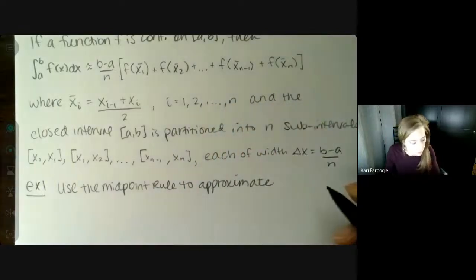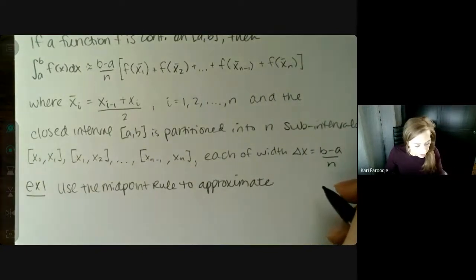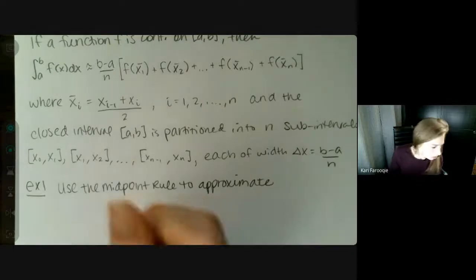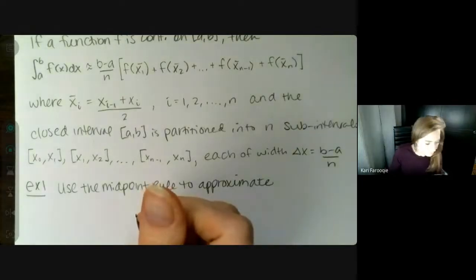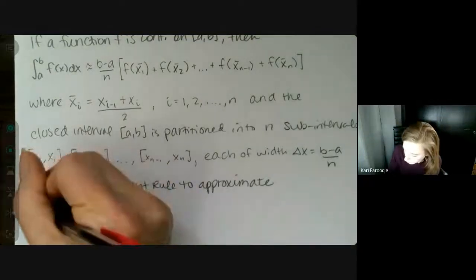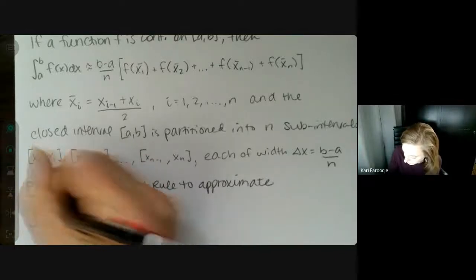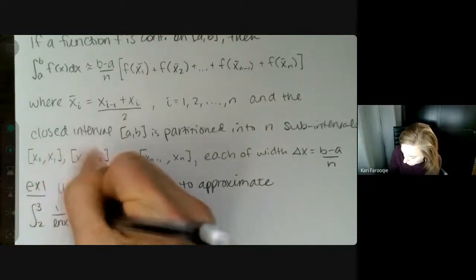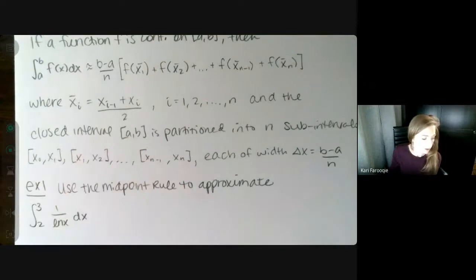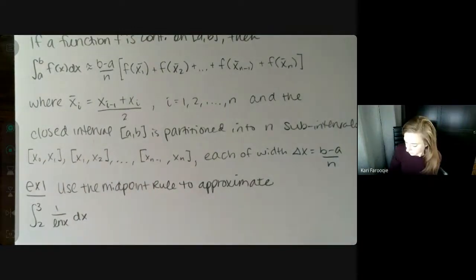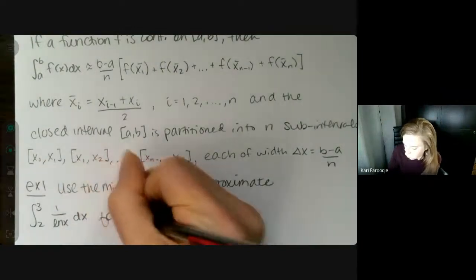And then I'm going to go ahead and give you the integral. We're going to use the integral from 2 to 3 of 1 over ln x dx. And we're going to look at 2 different values for n.